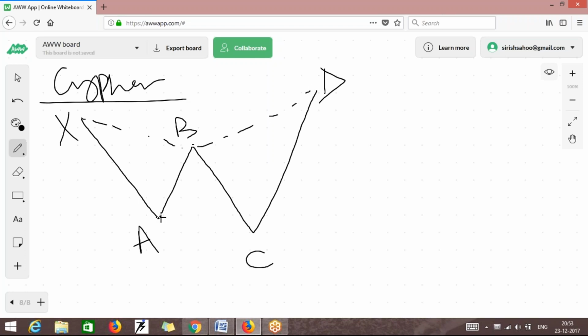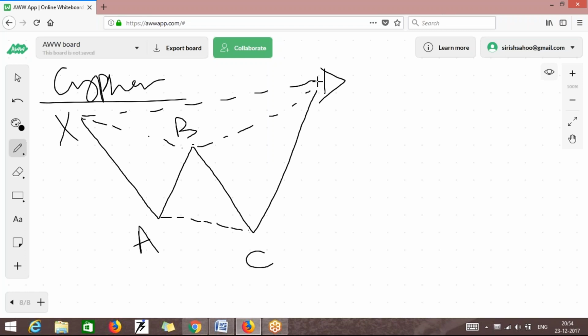I will move into TradingView and show how exactly it is drawn, what the basic features are, how to find and draw it, and how to confirm before taking a trade.